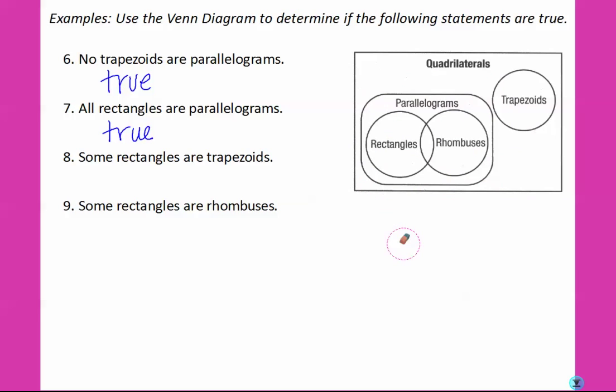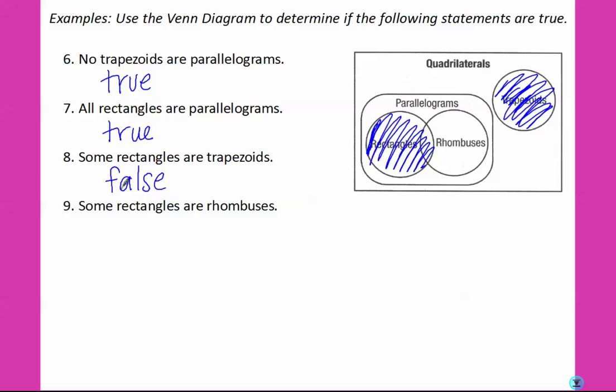Some rectangles, so the rectangles, are trapezoids. If some rectangles are trapezoids, there would be overlap between rectangles and trapezoids. So this is false.